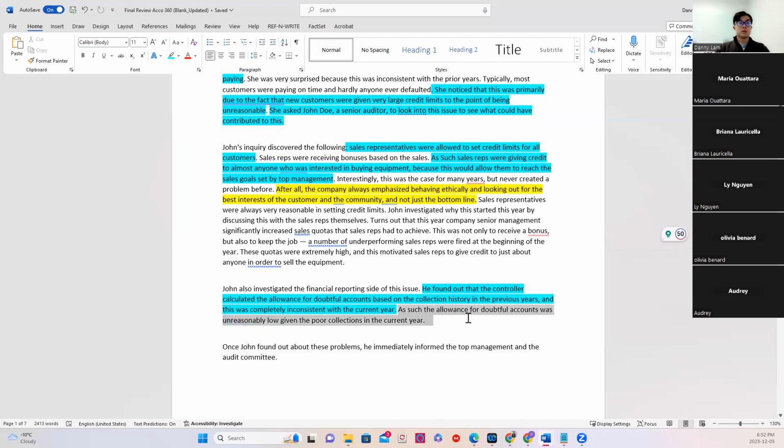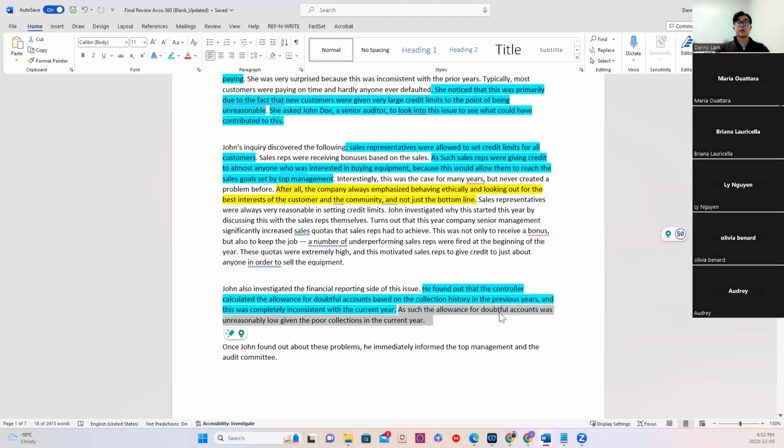How about this? They did do tests to find out the control activities that were there.